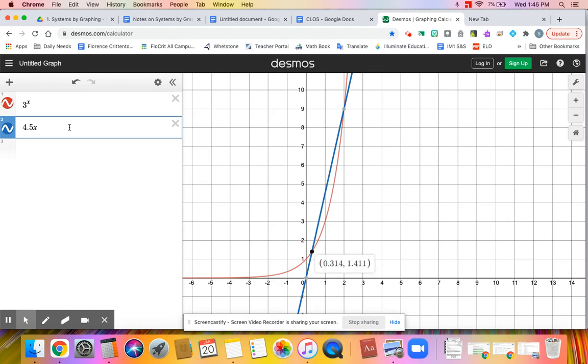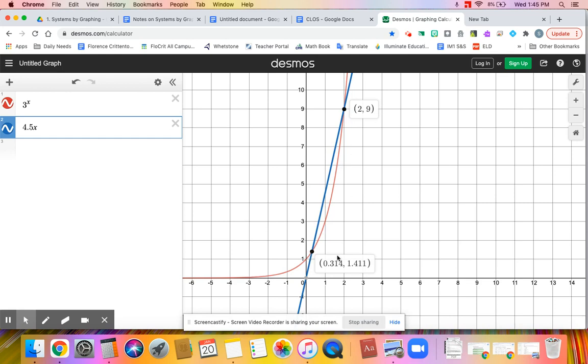But if you were to solve this system, there would be two answers, because they cross in two places. Right here, after 3.14 days, they both weigh 1.41 pounds. And later, after 2 days, they both weighed 9 pounds. In between these two times, they weren't the same, but at these two times, they were the same.